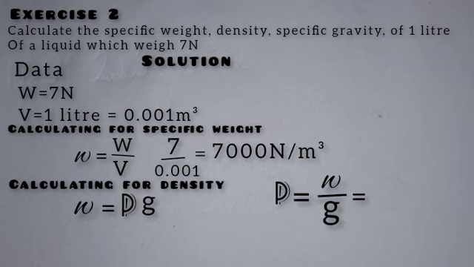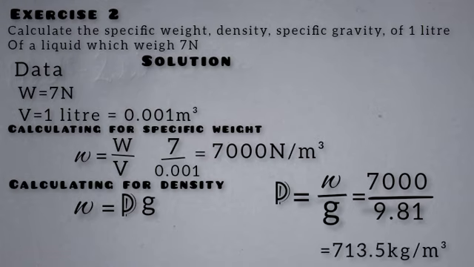What is the specific weight? That is 7,000 divided by gravity, which is 9.81. This will give us 713.5 kilogram per meter cube.